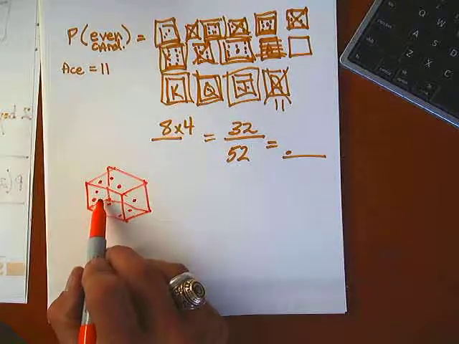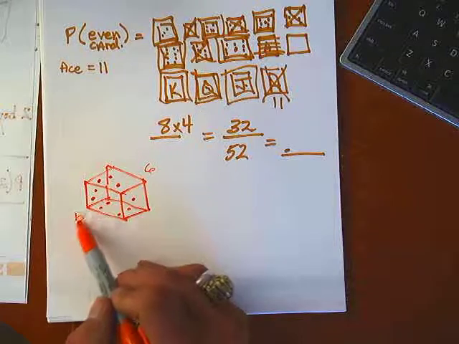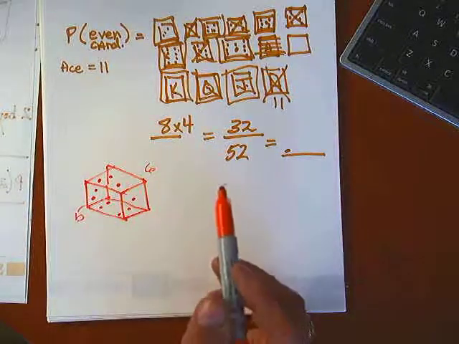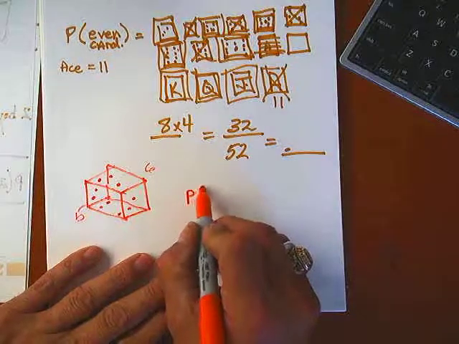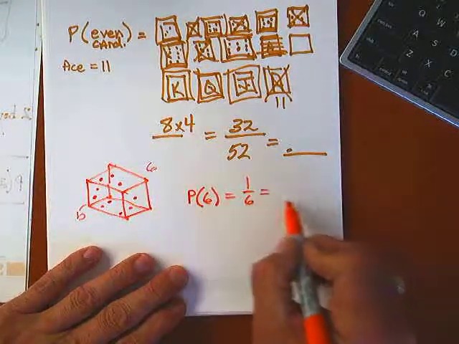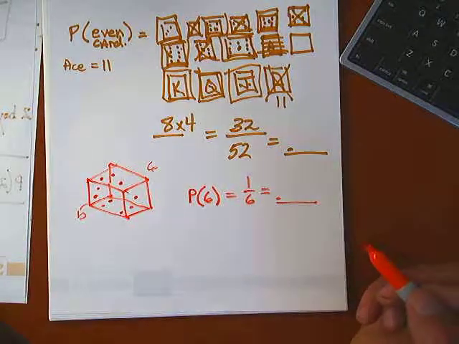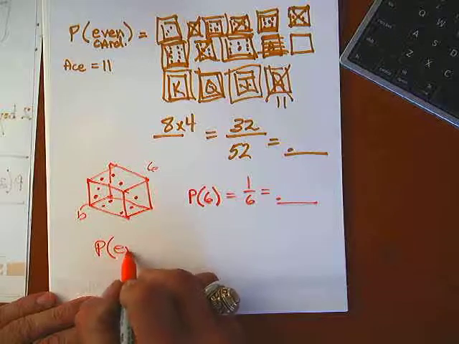And of course a die is a cube, and it has 1 dot, 2 dots, and 3 dots, and then 4 dots on the bottom, and then a dot over here, which is 5, and then 6 on this side, and 5 on this side. So we got 6 sides.